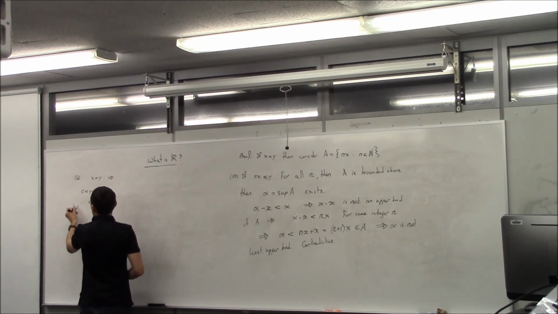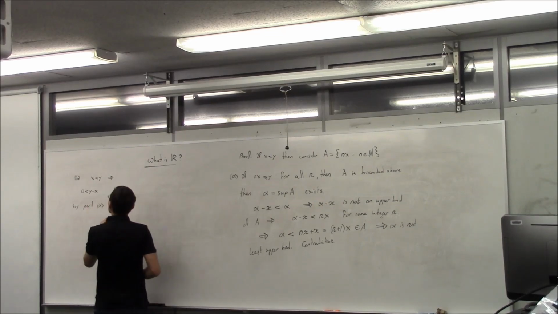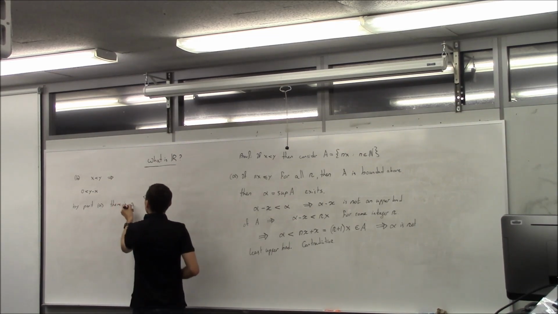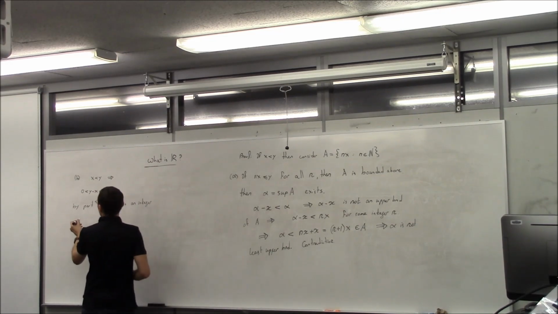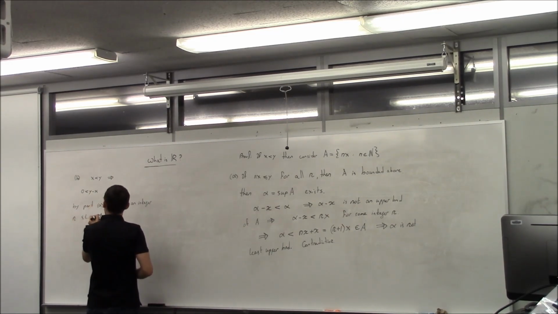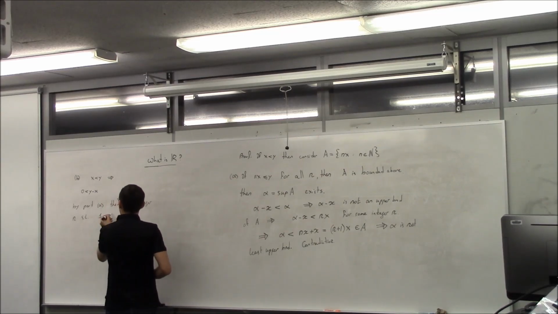So by part A, there is an integer n such that 1 is less than n times y minus x.